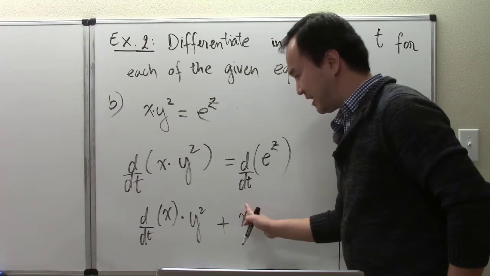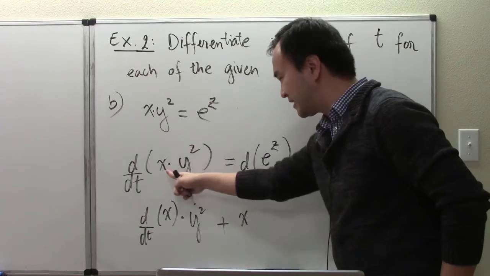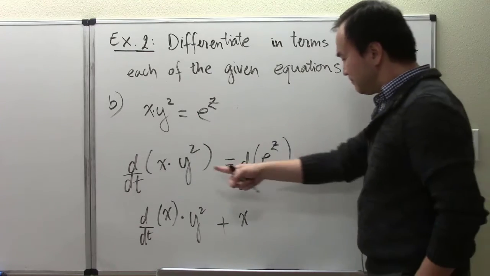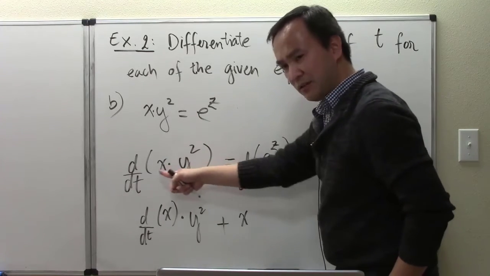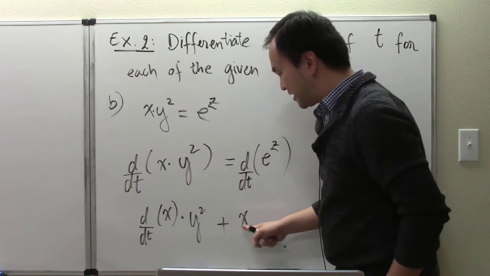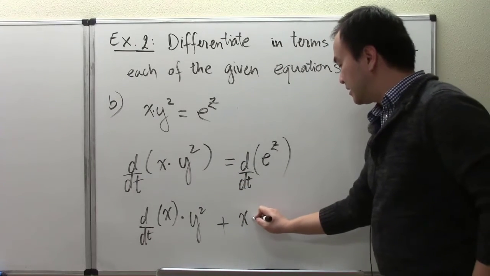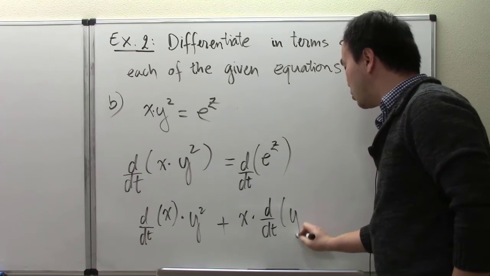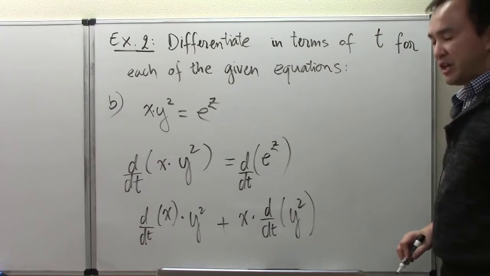You can see I scatter here and there the terms x of t and y of t to remind my viewers that these are really implicit functions of t. So x of t times, now I'm going to differentiate my y squared with respect to t eventually.